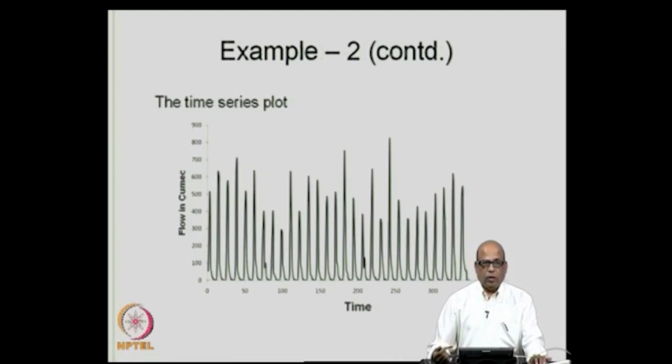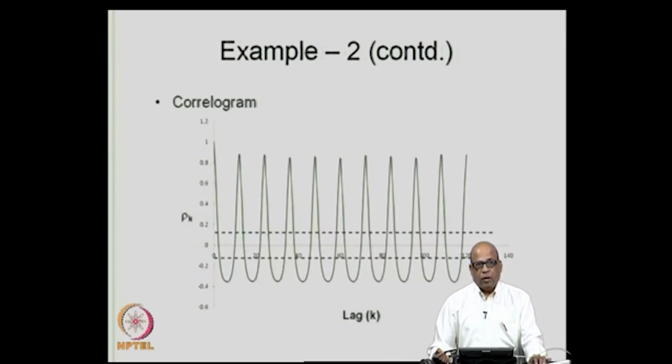Immediately, just the visual examination of the time series indicates that there must be some periodicities inherent in the data. As you are seeing, the time series itself shows some oscillations, and therefore, you suspect that there must be some periodicities inherent in the data. Then we plot the correlogram. How do we plot the correlogram?